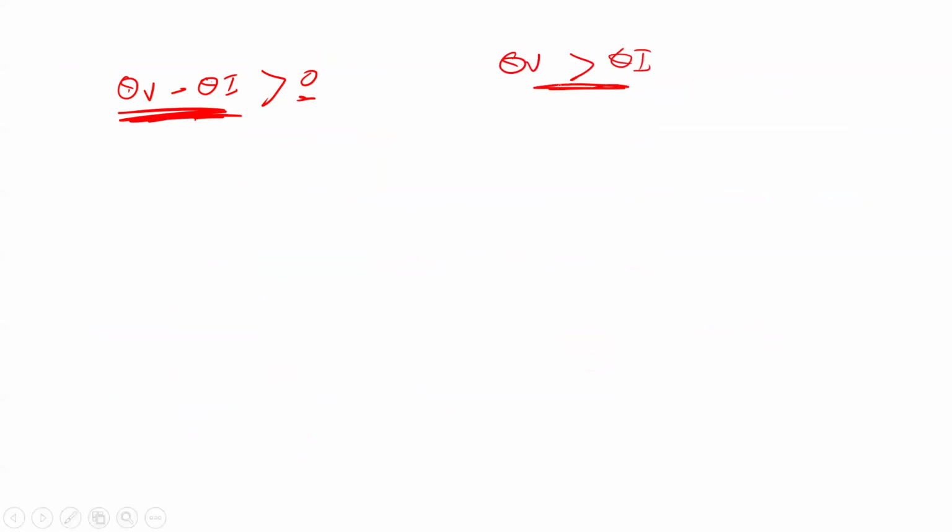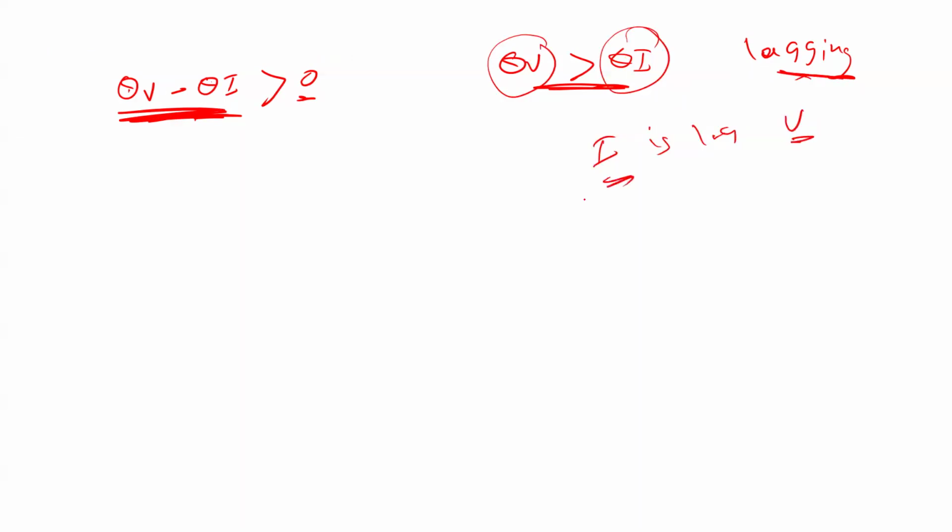If theta V minus theta I is greater than 0, positive, that means theta V is greater than theta I. In this case, I'm going to tell you it is lagging, because lagging means I is lagging V, since theta I is smaller than theta V.